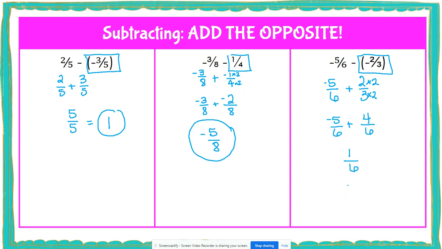To figure out which sign I use, I'm going to use the sign of the number with the greater absolute value. Well, negative 5/6 had an absolute value of 5/6, and 4/6 had an absolute value of 4/6. 5/6 is greater than 4/6, so I am going to use 5/6's sign, which is negative. So my solution to this problem is negative 1/6.